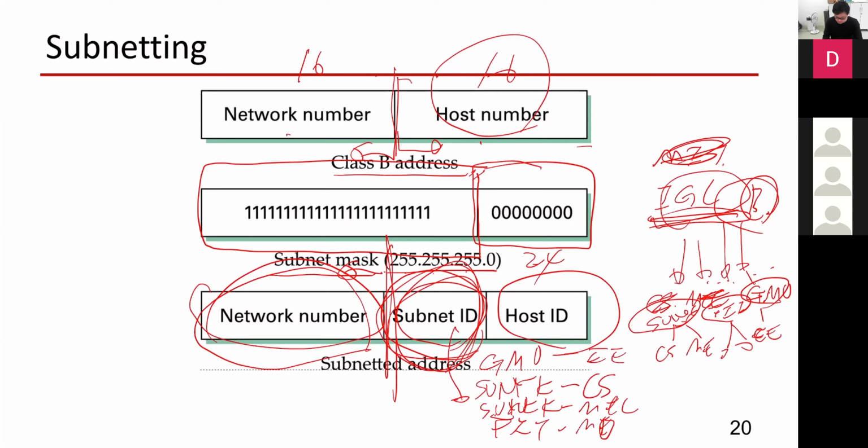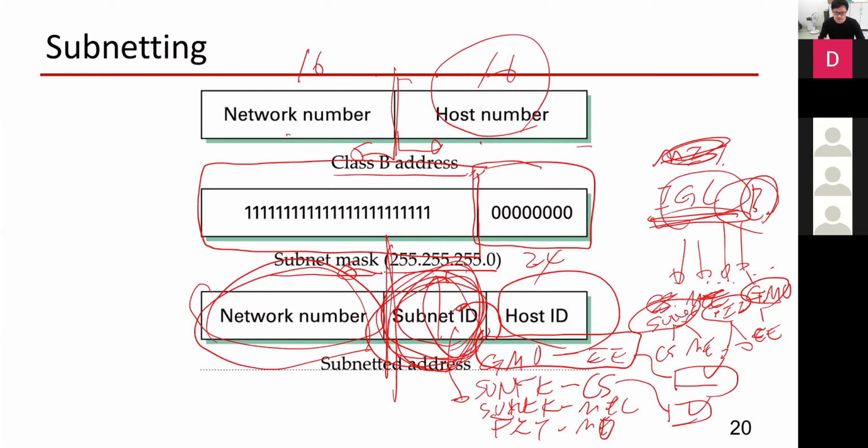So here is a subnet ID, and from there I can collect my IP addresses. So the subnet ID works in this way to maintain the hierarchy more flexibly while strictly following the hierarchical mechanism.